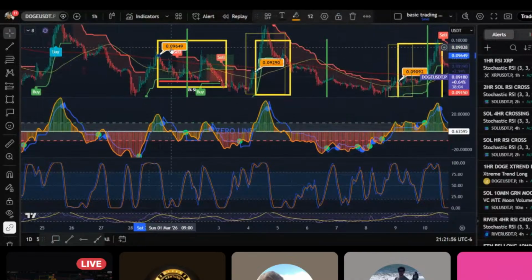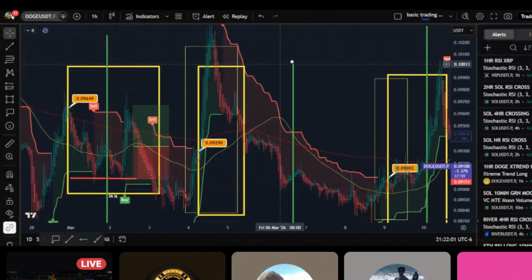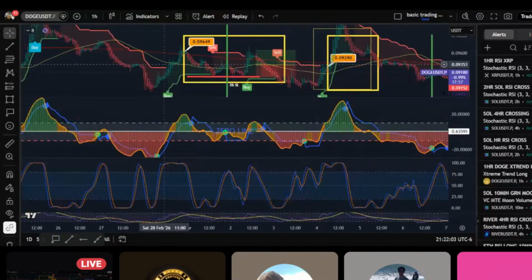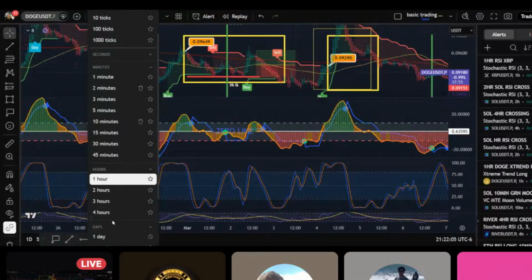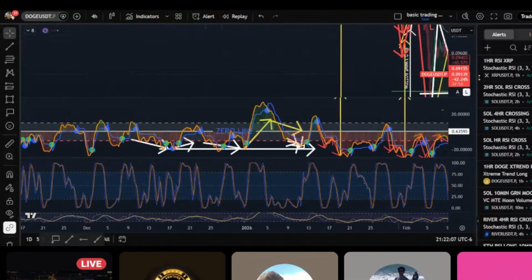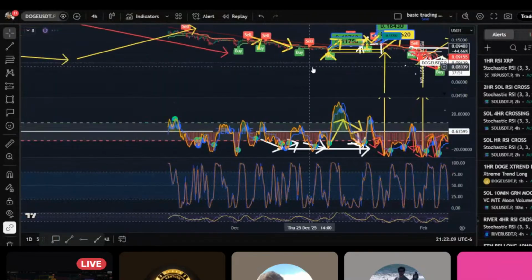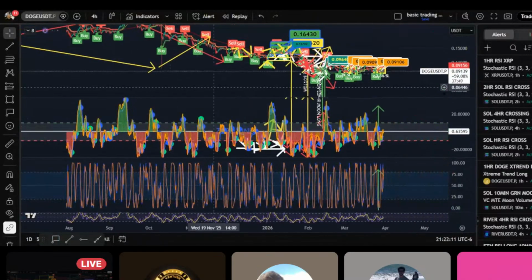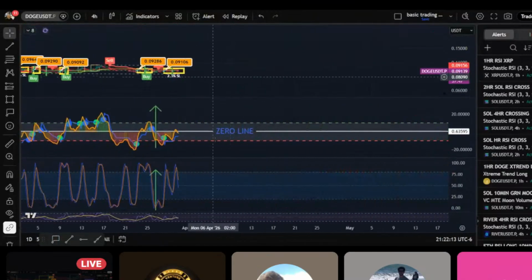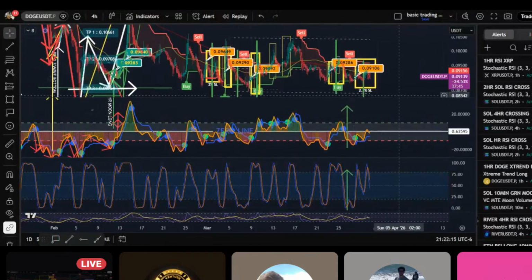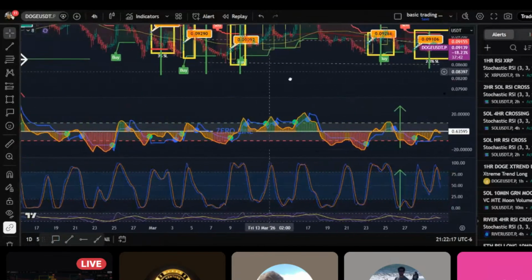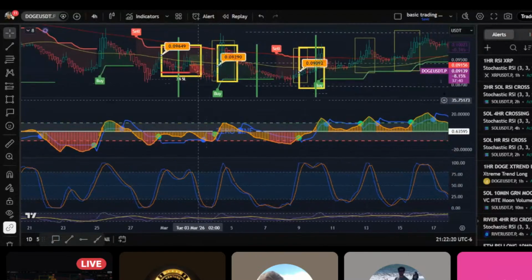That looks like we would take an L right there. All right, so let me take a look here. So basically when this pops up, let me double check this. It should be a 4-hour green moon. Yeah, 4-hour green moon.